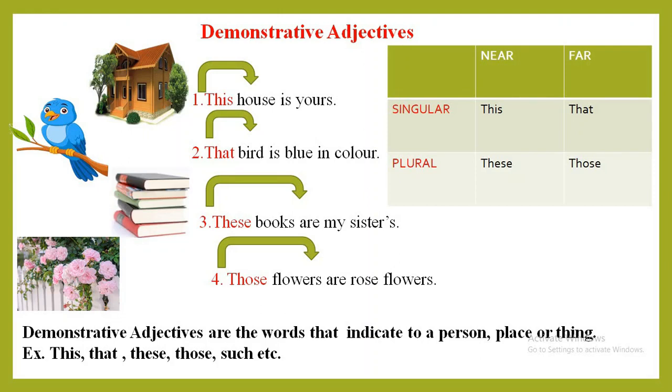So, you can say demonstrative adjectives are the words that indicate a person, place, or thing. Example: this, that, these, those, such, etc.